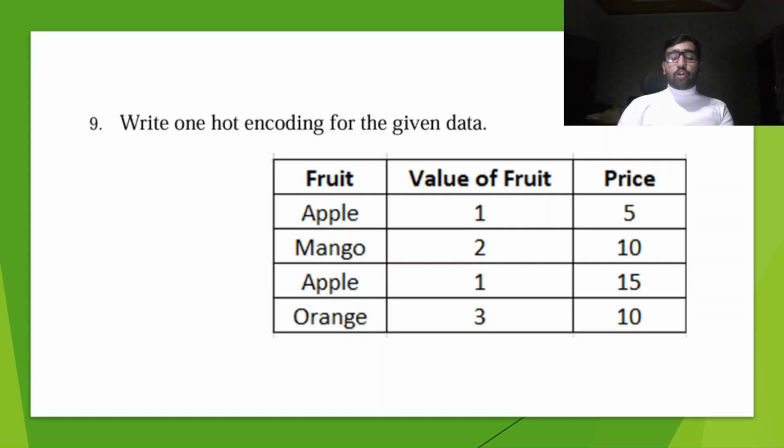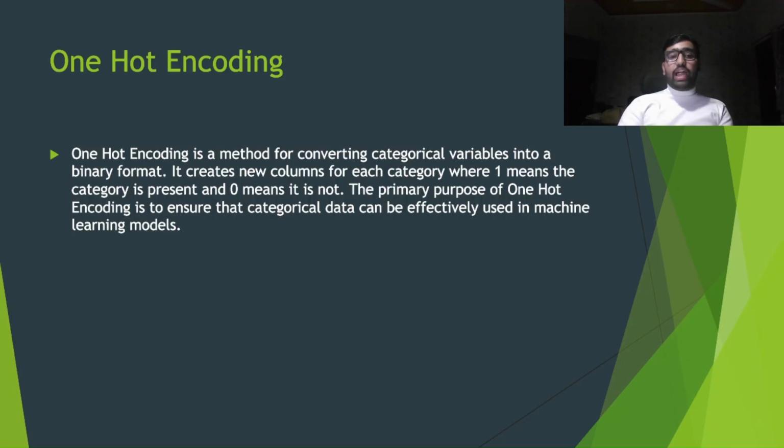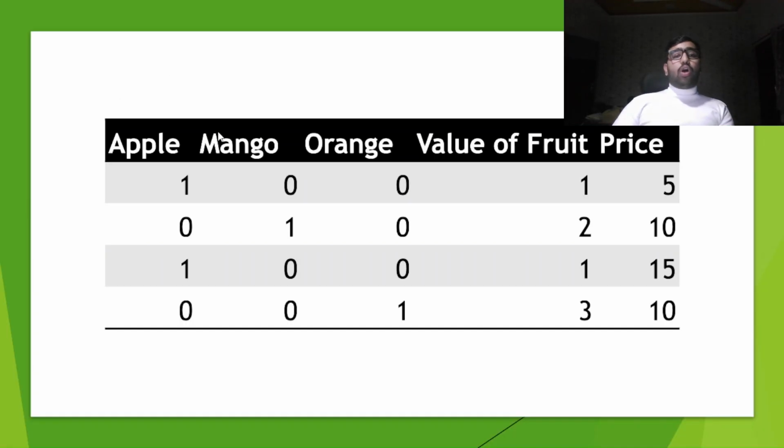Therefore, I have removed the column of fruit and added three columns instead of it, named apple, mango, and orange. So each row which consists of the corresponding fruit would have the value for that category as 1, and all other columns would have the value 0.